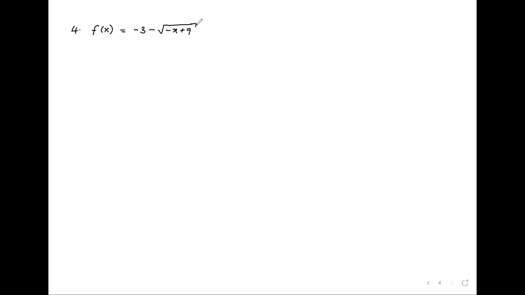So let's see what happens. First thing, we get -x plus 9 equated to 0, meaning the value of -x is -9. Divide by -1, divide by -1. So we have x is equal to +9. This is the value of x.